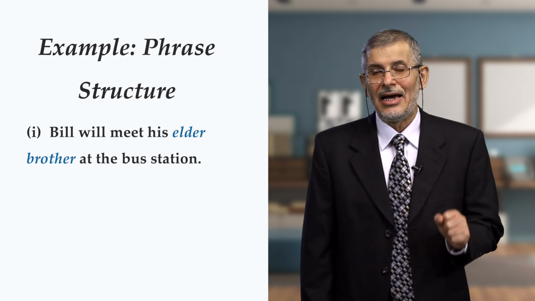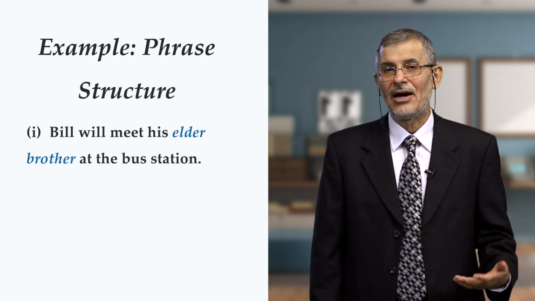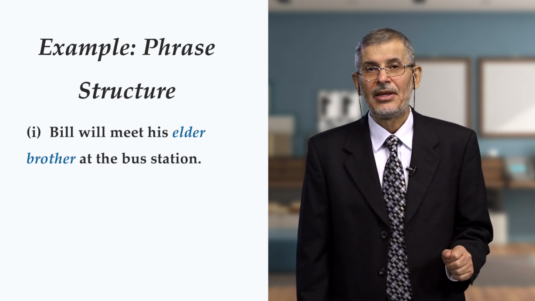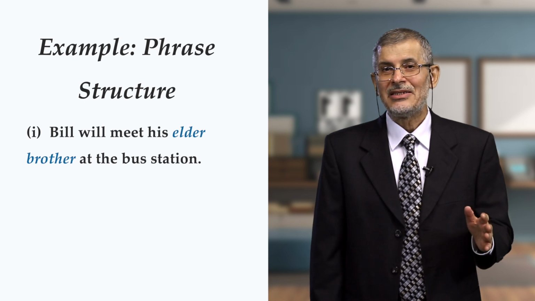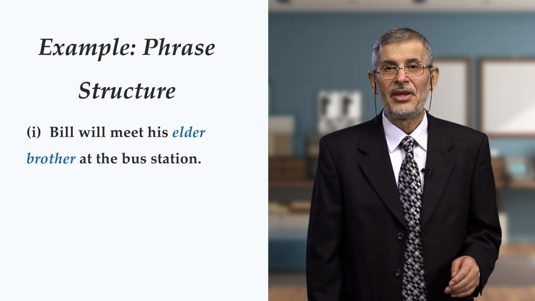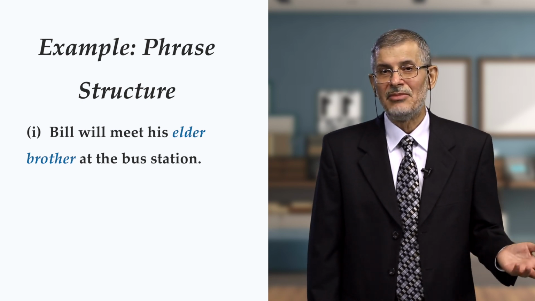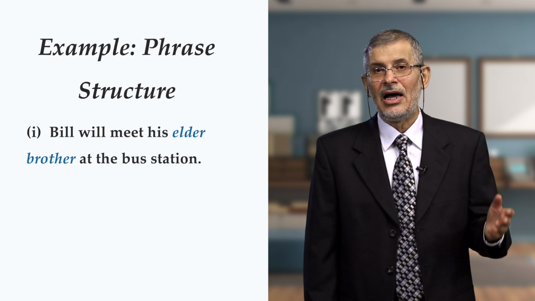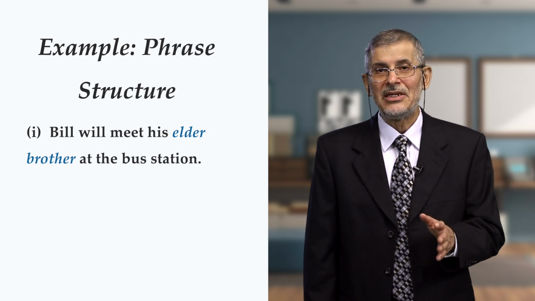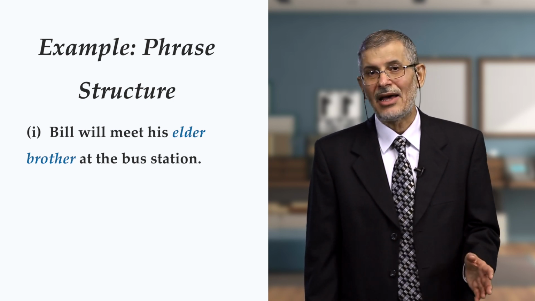Well, let's take an example and use it throughout our discussion of phrase structures. Bill will meet his elder brother at the bus station. See, this sentence can be divided into two immediate constituents. Bill in one, and will meet his elder brother at the bus station in the other.